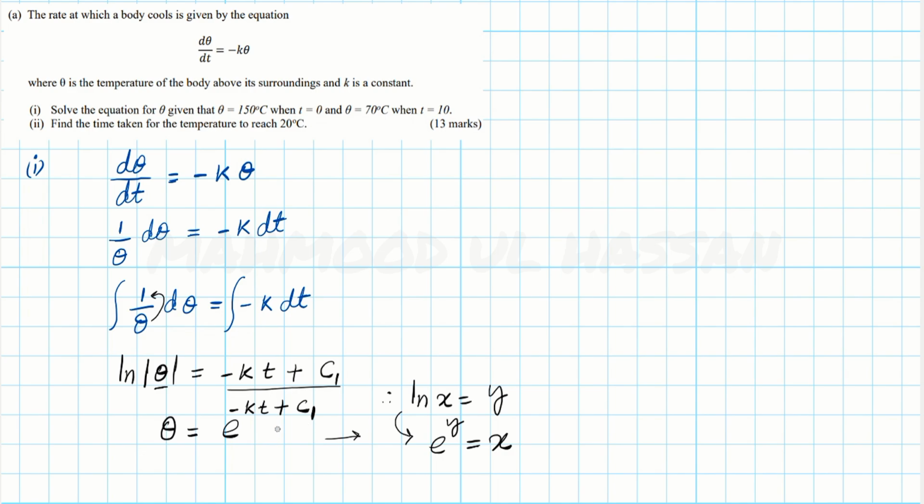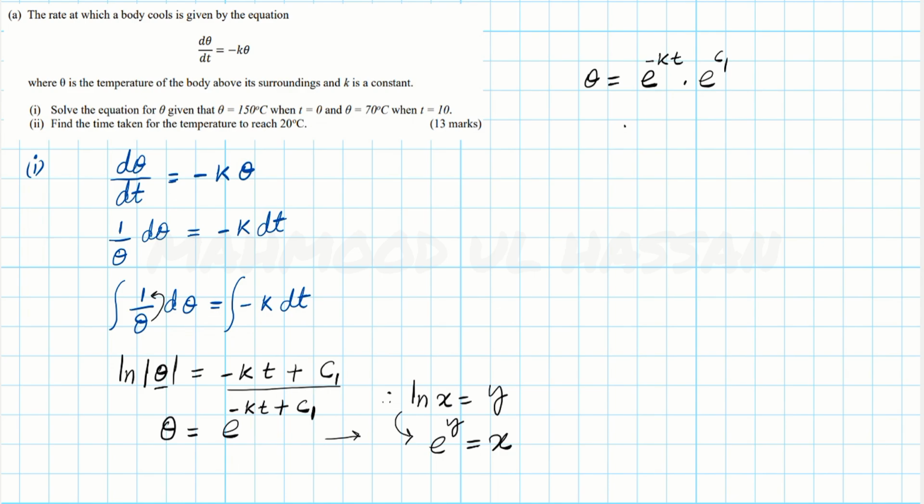Now we can write this in this form: theta equals e raised to the power minus kt times e raised to the power c1. Because the bases are the same, we can add their exponents to get e raised to the power minus kt plus c1.